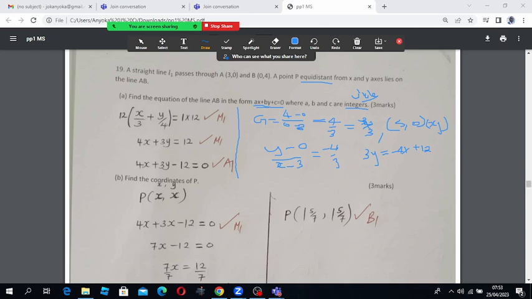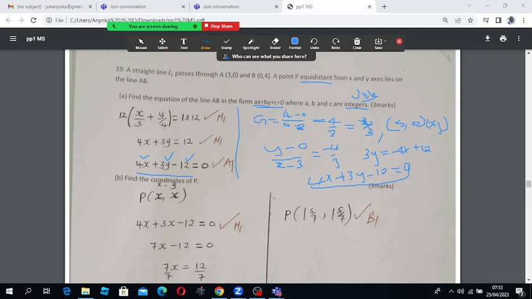Let's bring everything to the left hand side. 4x plus 3y minus 12 is equal to 0. And already it has taken the shape that we are told to have: ax plus by plus c is equal to 0.